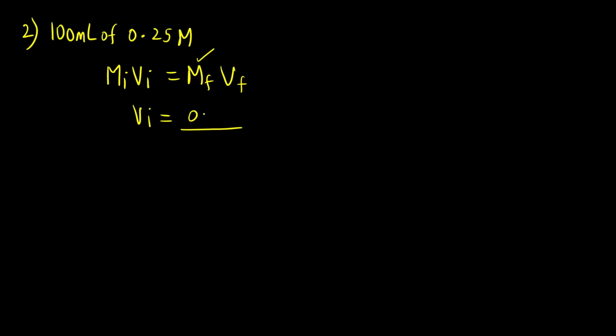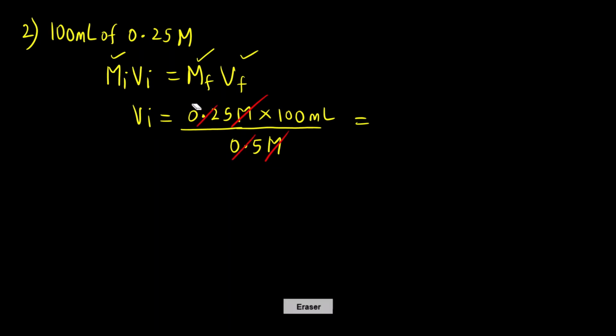The final molarity that we require is 0.25 molar into the final volume of 100 ml, divided by the concentration we prepared in the first step, that is 0.5 molar. Molar and molar get cancelled. 0.25 into 100 divided by 0.5, that is 100 divided by 2, is 50 ml.